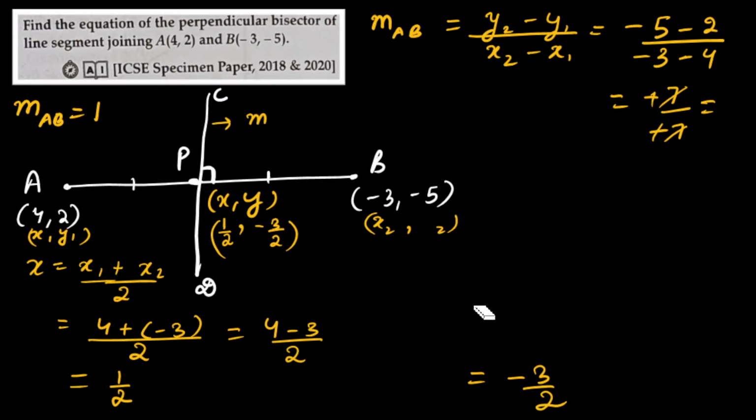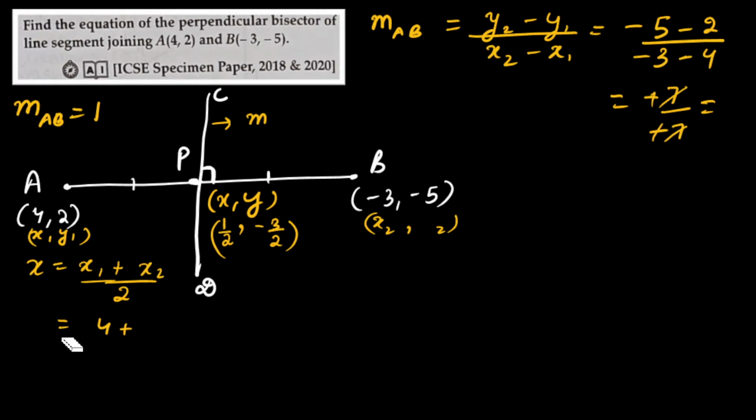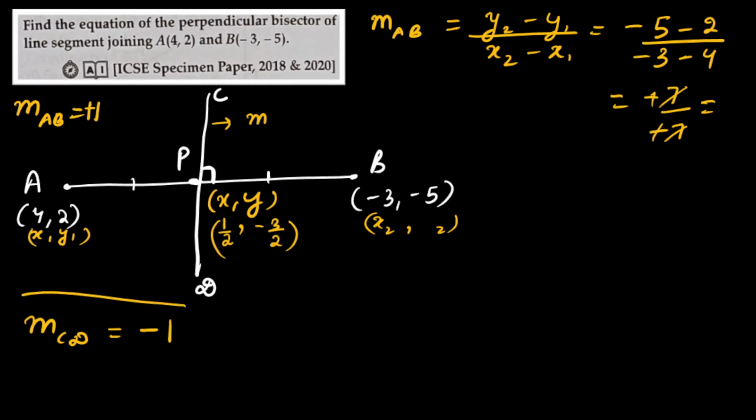Negative means the sign will get changed. The slope of AB is positive, so that means the slope of CD will be negative. Also, 1's reciprocal is 1 only. So the slope of CD is equal to minus 1.